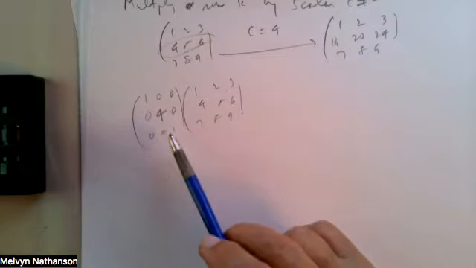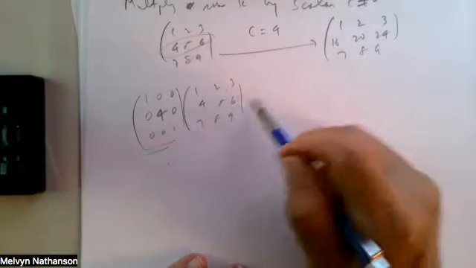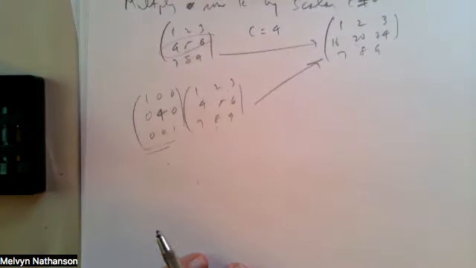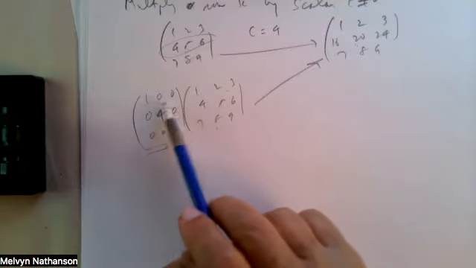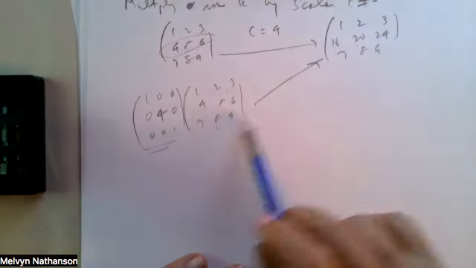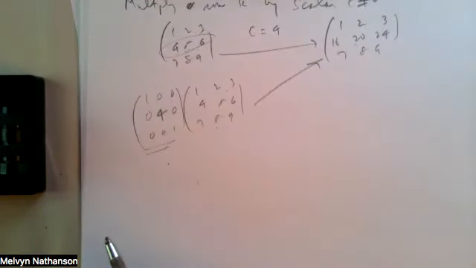Now if I take this elementary matrix times this matrix, I get exactly this. You can check: the first row doesn't change, the third row doesn't change, but the second row is multiplied by 4.